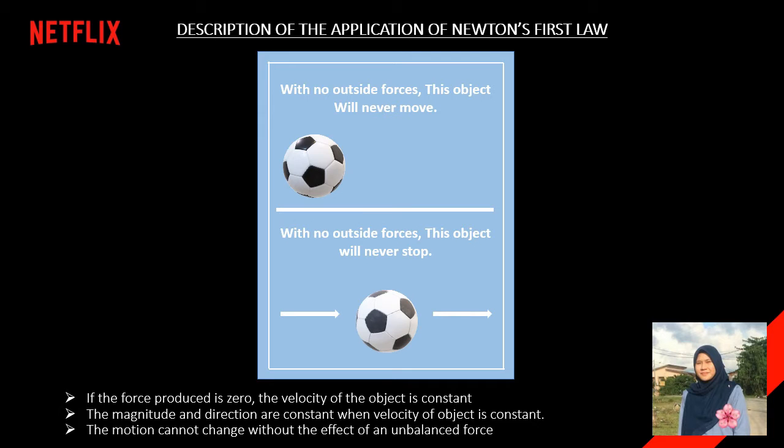If the sum of the force vectors acting on the body is zero, then the velocity of the object is constant. If both magnitude and direction are constant, then the velocity of an object is constant.